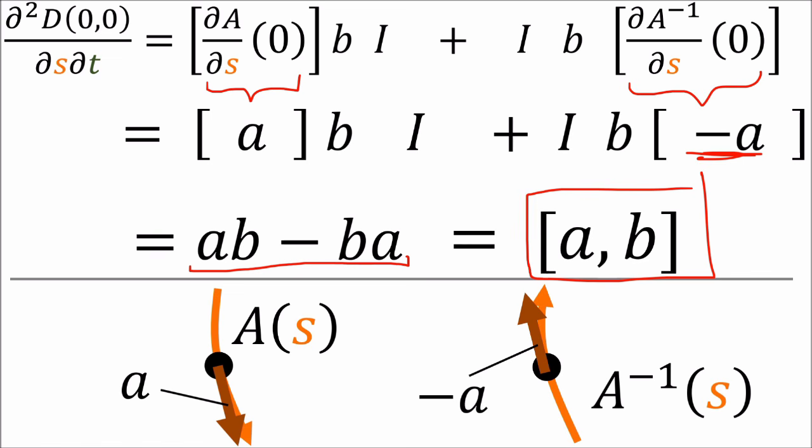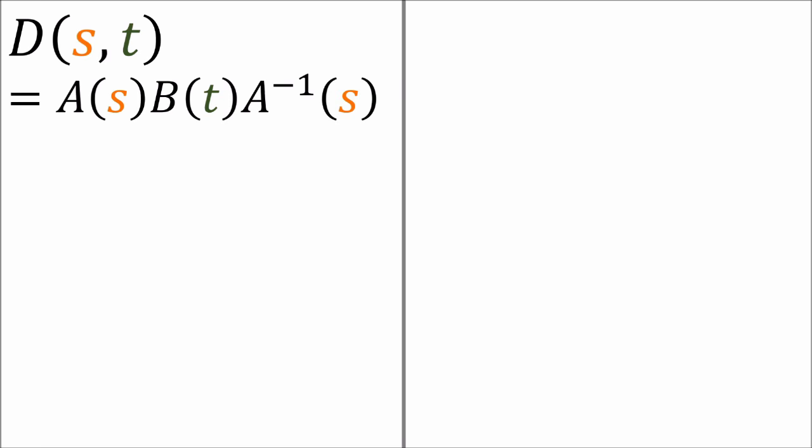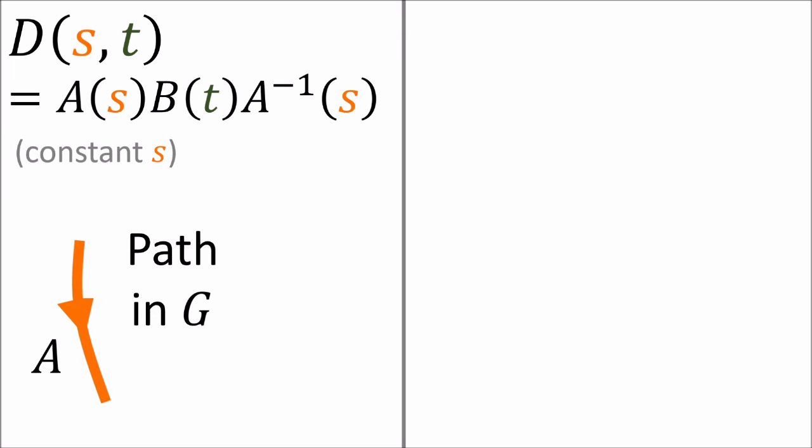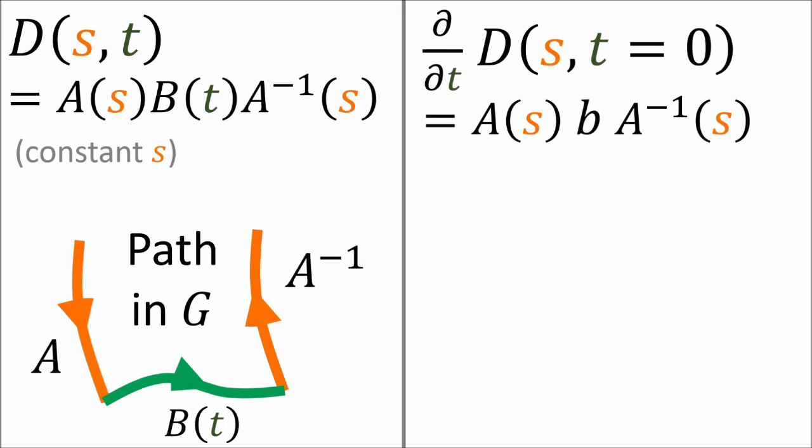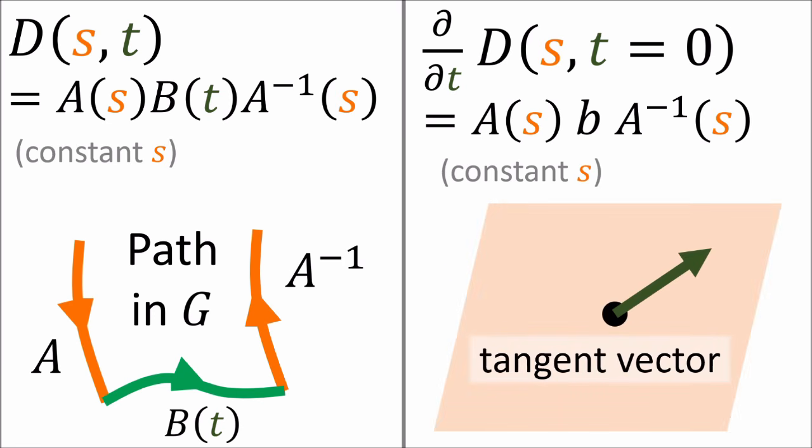Now, what exactly is this object on the left-hand side, where we've taken the derivative with respect to 2 different parameters? For constant s, d of s and t is just a path in the Lie group that depends on t. And when we take the derivative with respect to t and set t to 0, this becomes a tangent vector in the tangent space located at t equals 0.